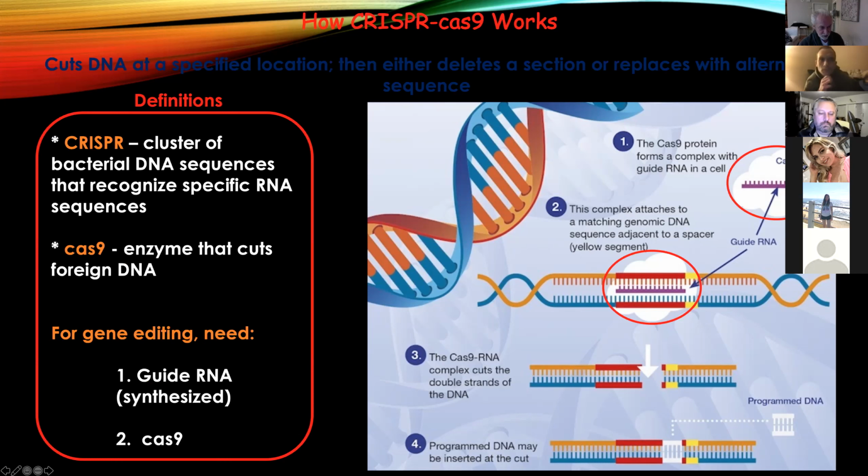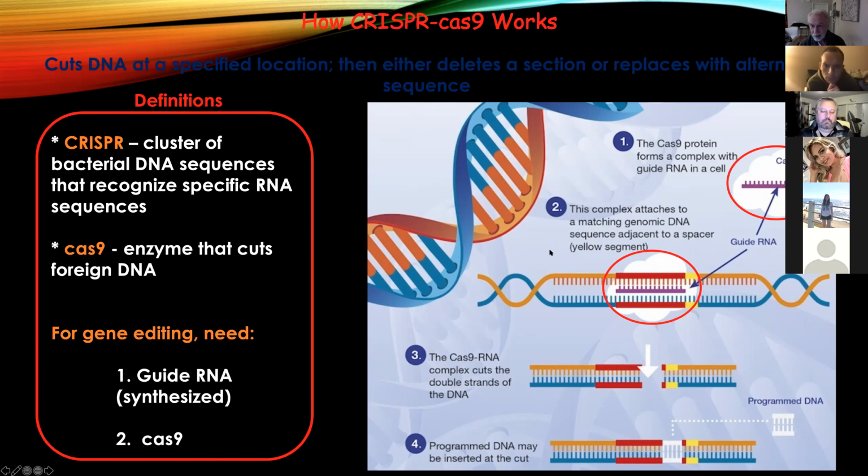So if you want to do CRISPR yourself, you need two things. One, you need a guide RNA, which you synthesize in the lab. It's a short piece of RNA, maybe 15 or 20 nucleotides long, which is easily made artificially in a test tube.